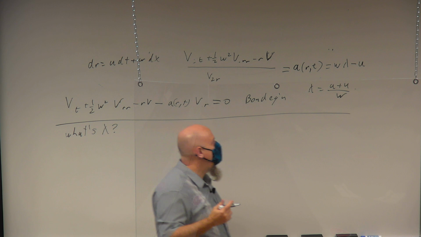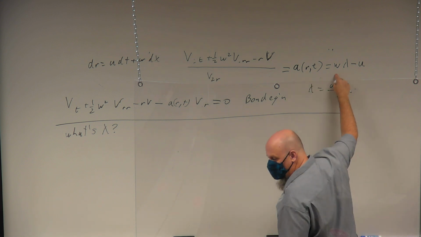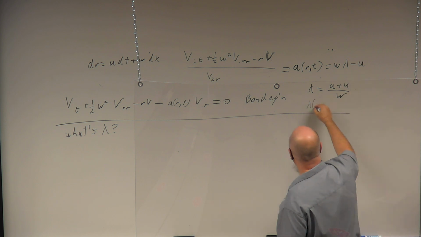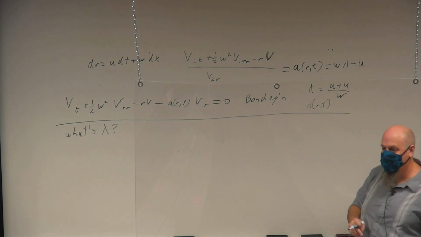Now, what's lambda? A is a function of r and t. W is a function of r and t. U is a function of r and t. So lambda is a function of r and t. Everything's a function of r and t.